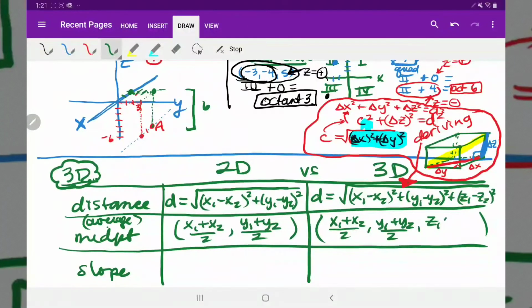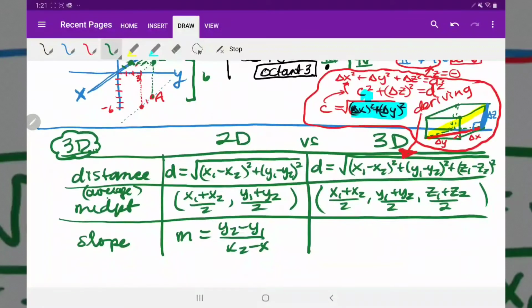Now the slope formula in 2D is m equals y2 minus y1 over x2 minus x1. Well, what are you going to do in 3D? Are we going to have a big old stack, m equals the z's over the y's over the x's, delta z, delta y, delta x? Yeah, that'd be a big no. So we don't do it that way. That's why we actually learned to use vectors.